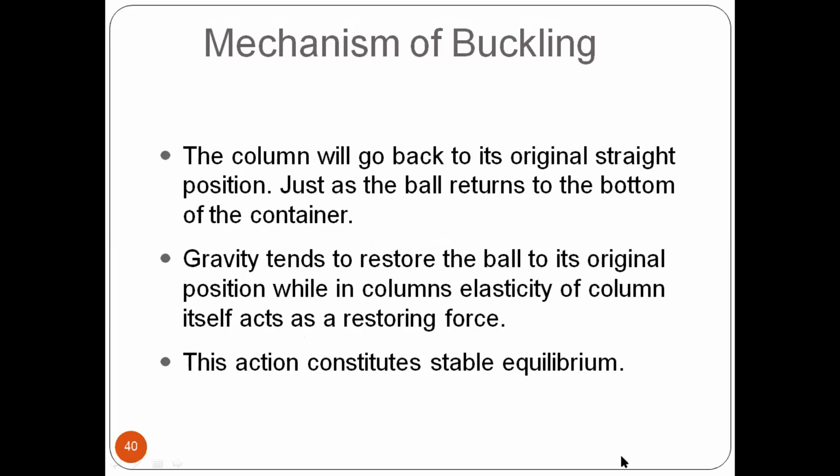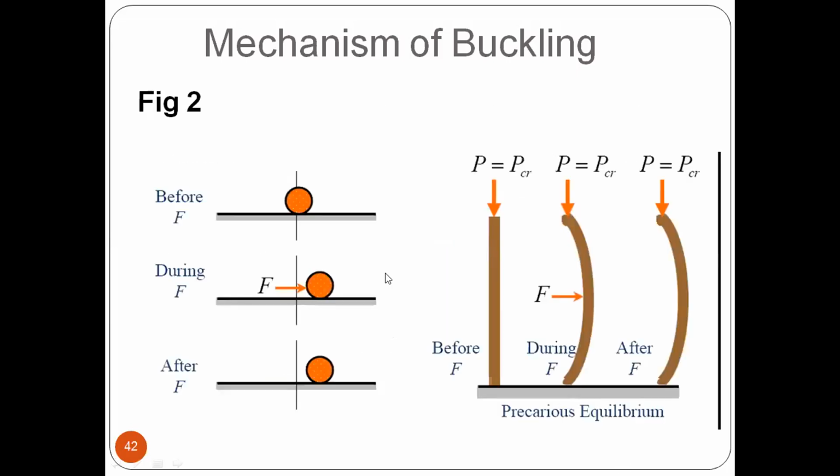So let's see the second mechanism. Your P is equal to the critical force. Okay. So P is equal to the critical force. Due to the force, the member may deflect, right? But it won't undergo any failure. Maybe it may have a permanent deformation, but this is a precarious equilibrium. So the member is having a permanent deformation, but there is no failure in the member.